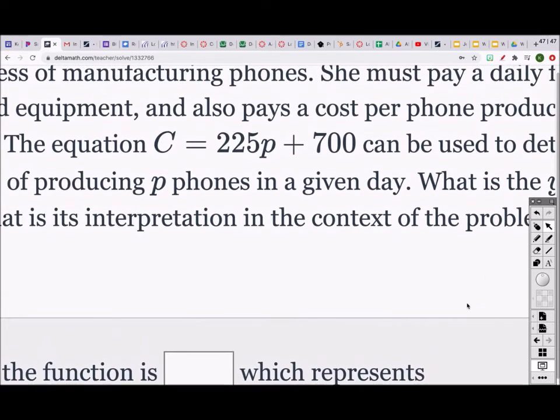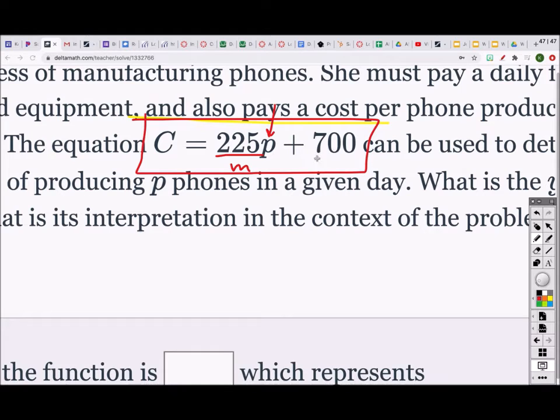I want you to remember that with each equation that they give us, the number that is with the variable, so in this case it's 225, is always the slope.